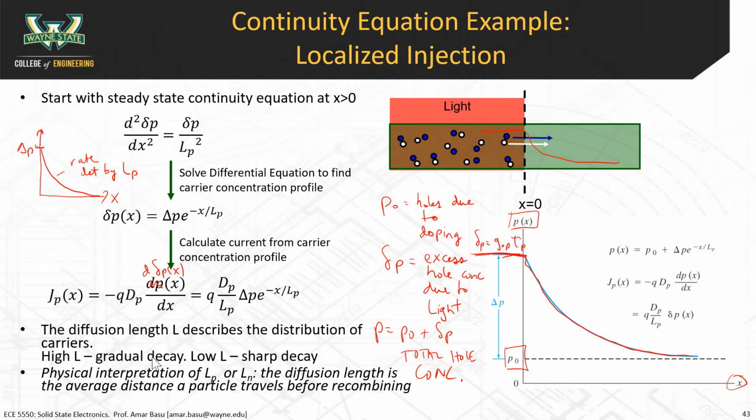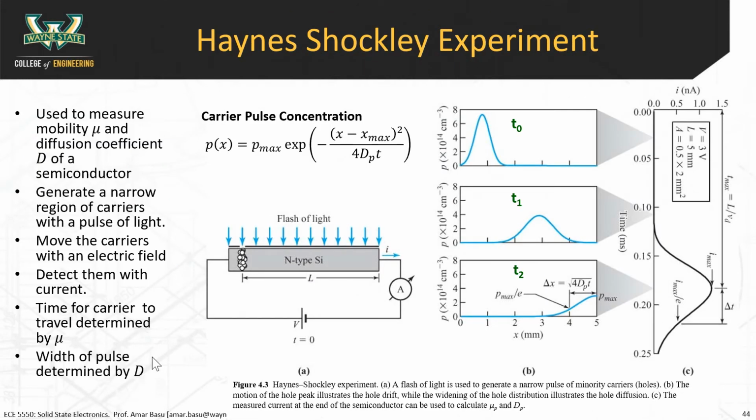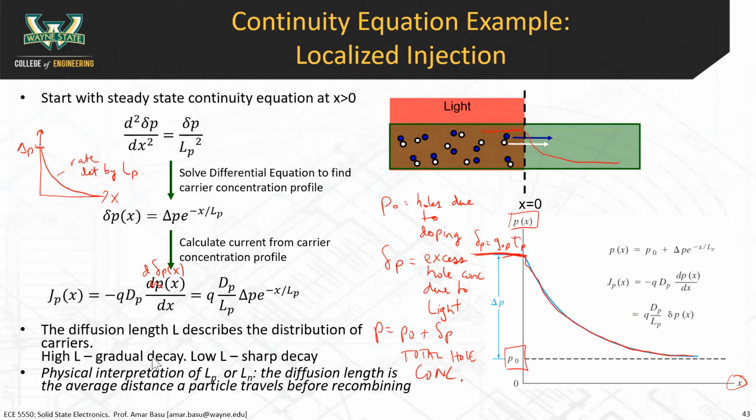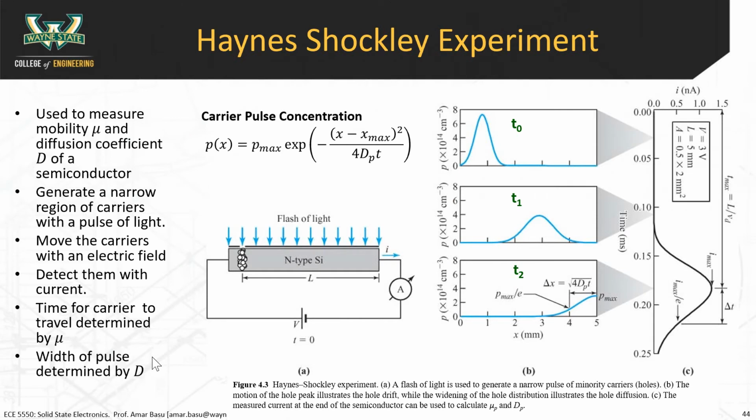Okay, so we talked about localized injection, and now we can talk about one more topic that I added to the grad class, because I think that it's interesting and it's also very practical. The utility of this method, the Haynes-Shockley experiment, is that it's used to measure the mobility mu and the diffusion coefficient of a semiconductor.